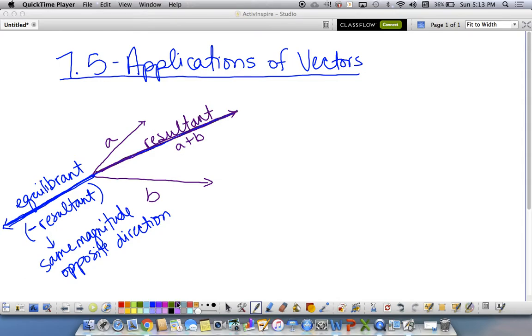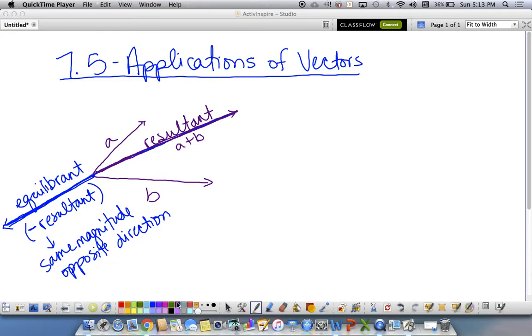So if we want to know what would make it equal, what would the equilibriant be? We can find the resultant vector and take the opposite of it. If we just want to find the magnitude of the equilibriant, it's equal to the magnitude of the resultant vector.